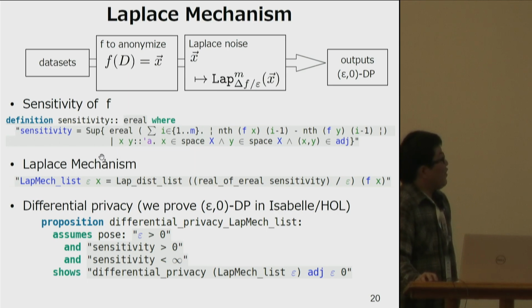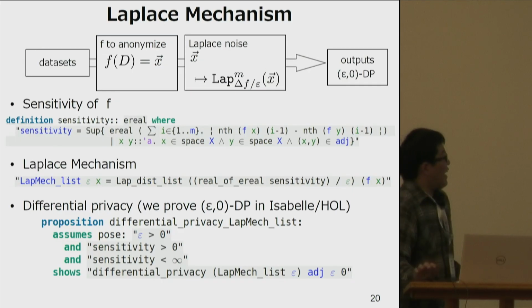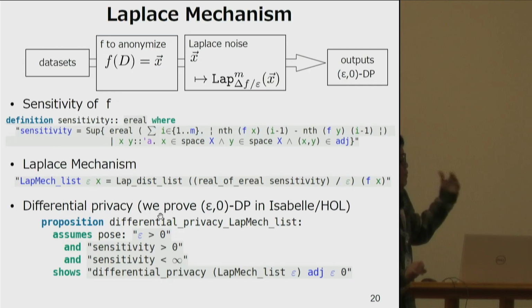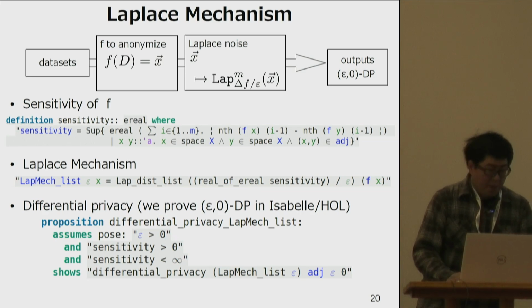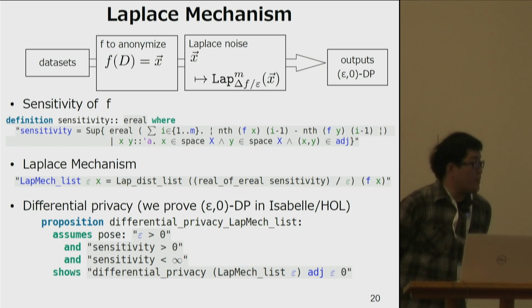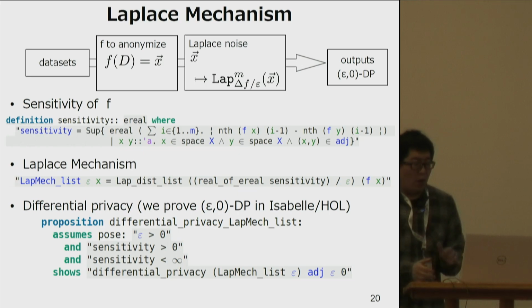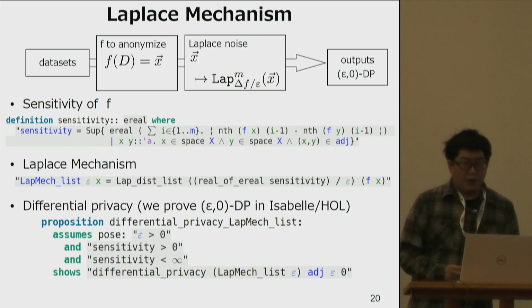And then we define the Laplace mechanism using the previous construction of Laplace noise. And then we prove the differential privacy. In the proof, we use the composition theorem of differential privacy and the nice property of the Laplace noise for differential privacy.